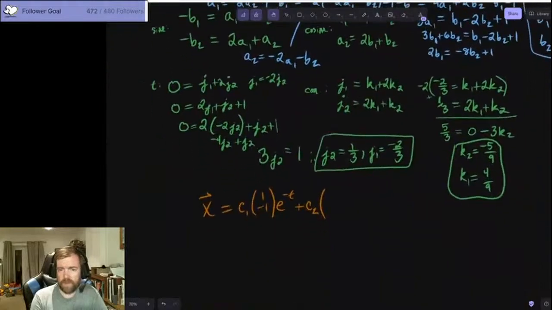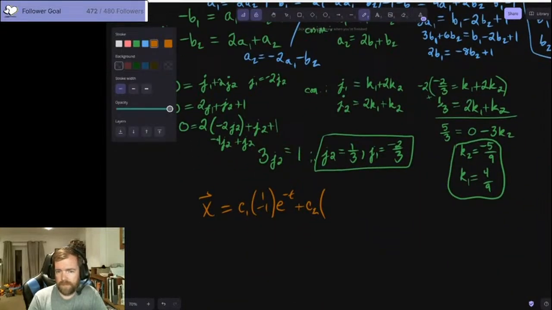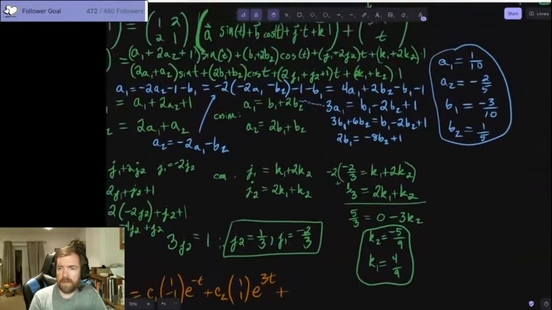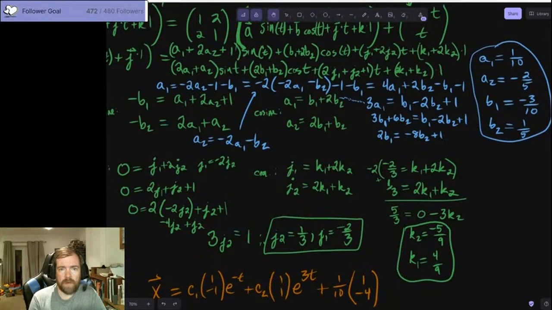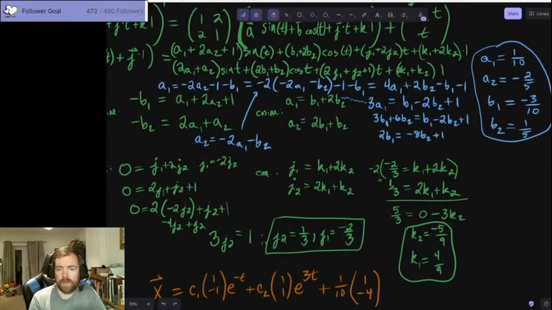Sorry, C2, 1, 1, did the 3t. Okay. Plus, A is going to be 1/10 times the quantity 1 - 4. And this is not E. A was... Yeah, actually it is, right.